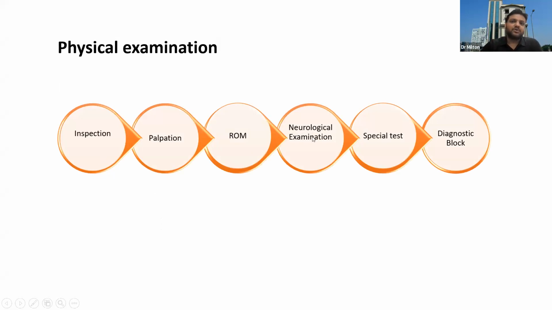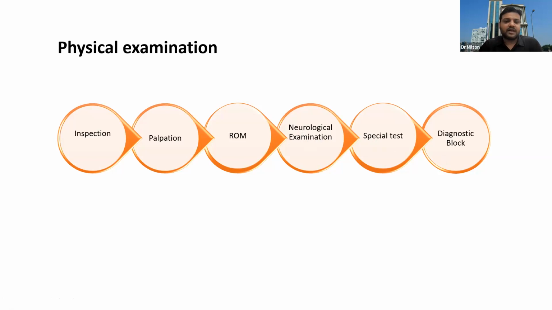It may mimic C5 radiculopathy, so you should go for the neurological examination and some special tests. And also this very important part, the differential diagnosis from the other parts. Sometimes we need a diagnostic block, because this diagnostic block gives you a very good clue, or what is the pain generator you can isolate from the other structures.